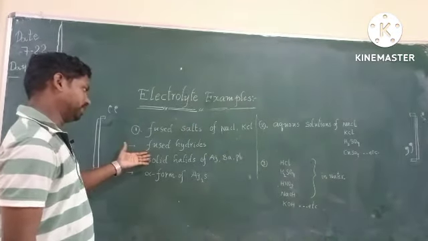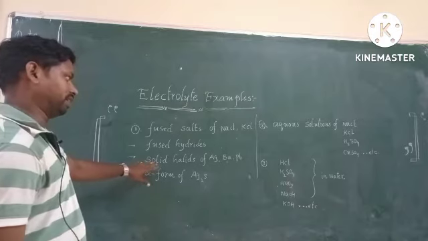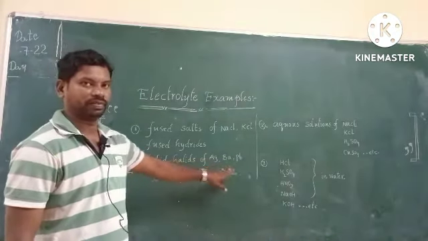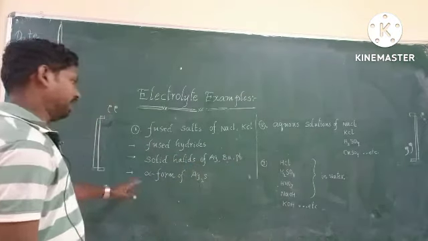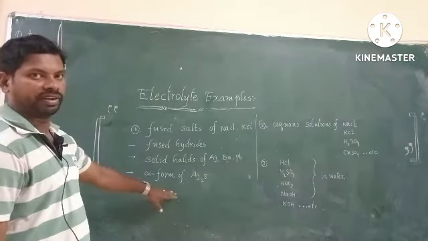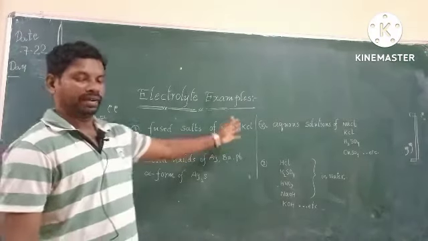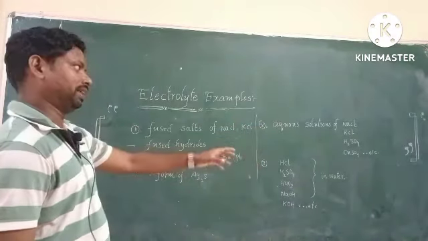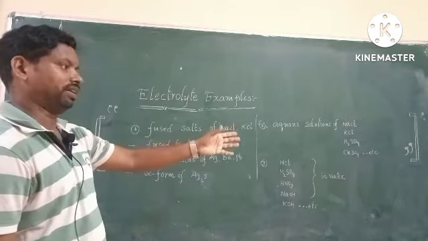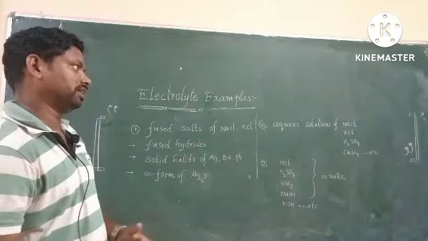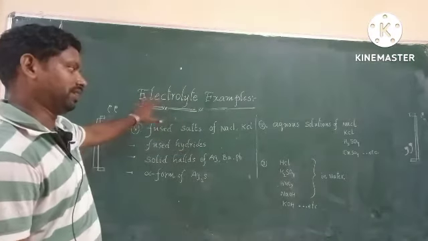Next, fused hydrides, solid halides of silver, barium and lead, alpha form of silver sulfide Ag2S, and some more examples: sulfuric acid and copper sulfate solution. So these are some examples of electrolytes.